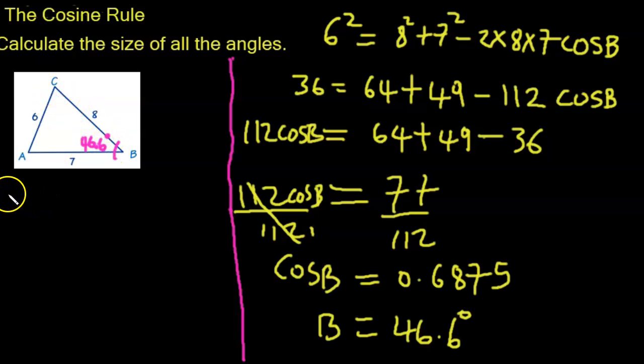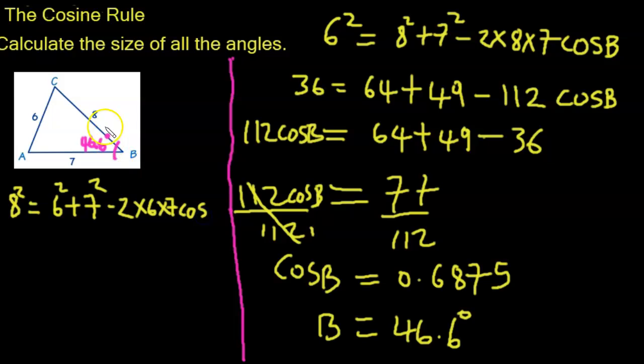So we'll say 8 squared is equal to the sum of the other two sides squared, which is 6 squared plus 7 squared, minus 2 times the same two sides, so 2 times 6 times 7, cos the angle formed by the same sides, 6 and 7, or you see cos the angle opposite to the side you started with, which is cos A.